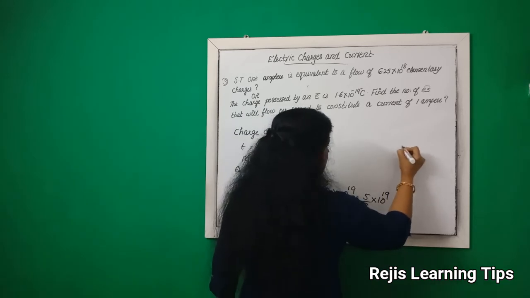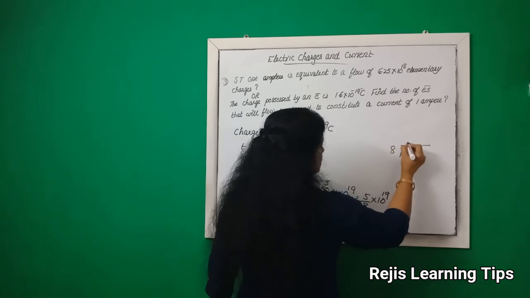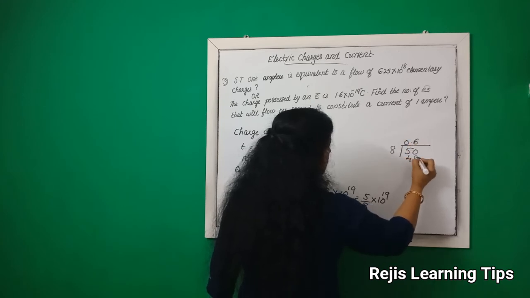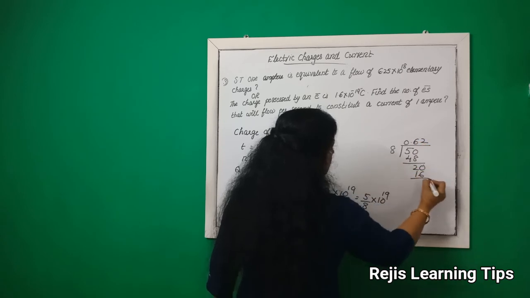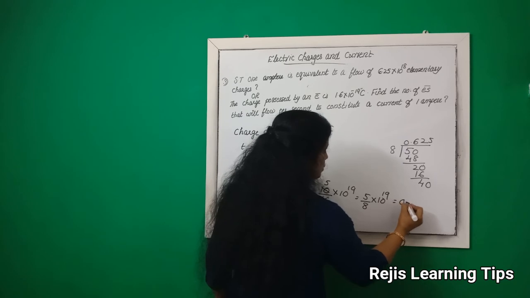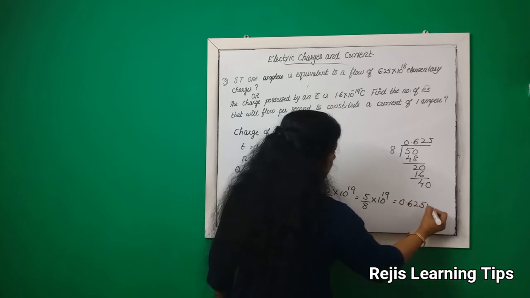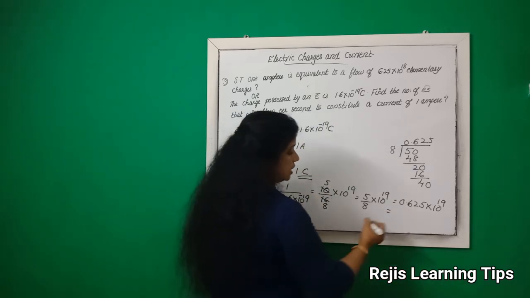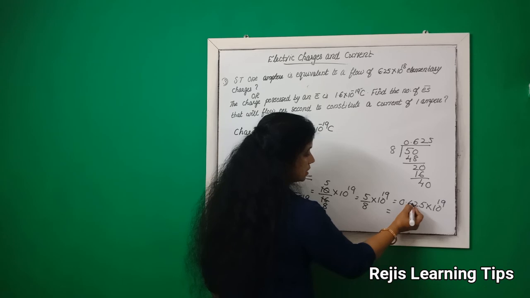Then we can divide 5 by 8: 0.625. So that is equal to 0.625 into 10 raised to 19. Convert this into scientific notation, then this point will come here.